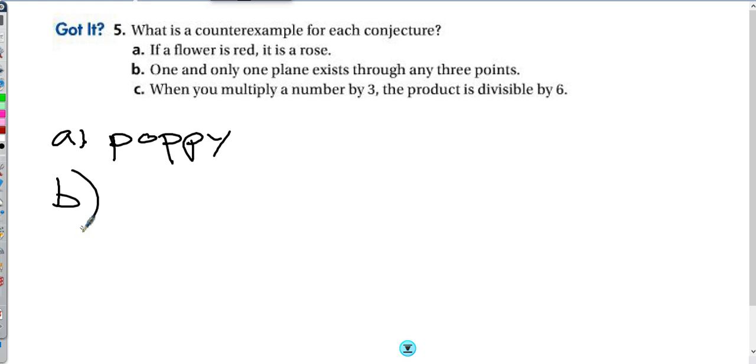B says one and only one plane exists through any 3 points. We didn't learn about planes yet because we usually do that first. You can have more than one plane through any 3 points. For my example, if you have 3 points in a straight line, you can have a plane.